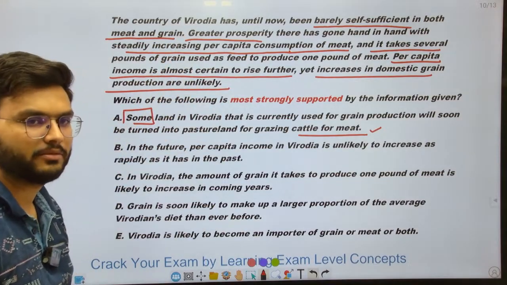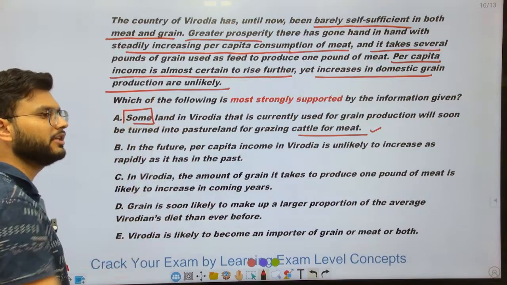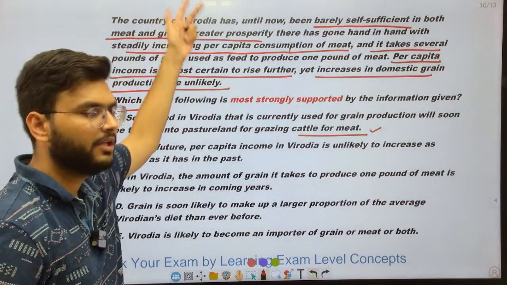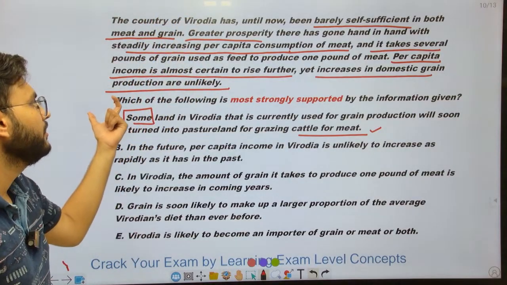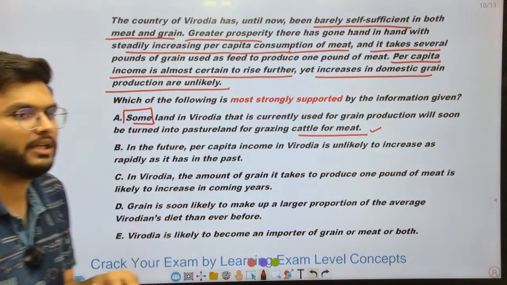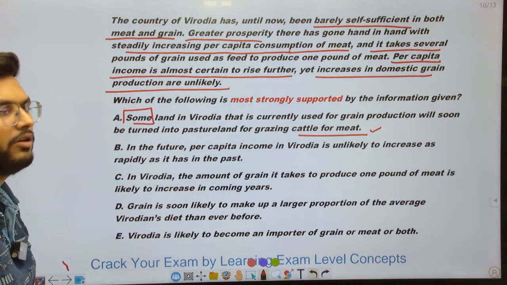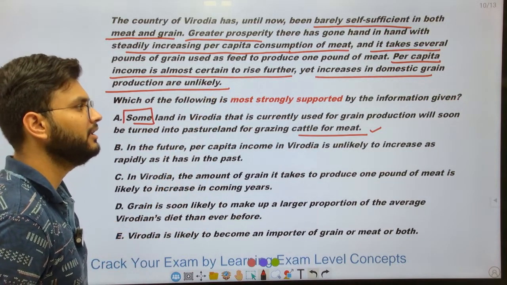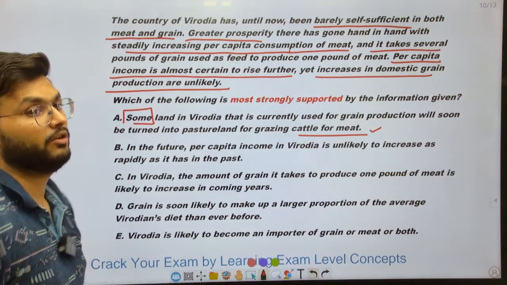I cannot say that, because some does not mean the majority, and it does not give me a reason to believe that the per capita consumption of meat needs are going to be fulfilled. No, because your incomes are going to rise further. If incomes are going to rise, it means you are going to consume more.